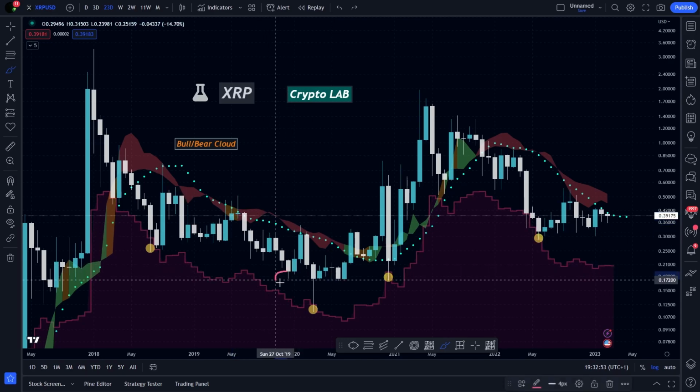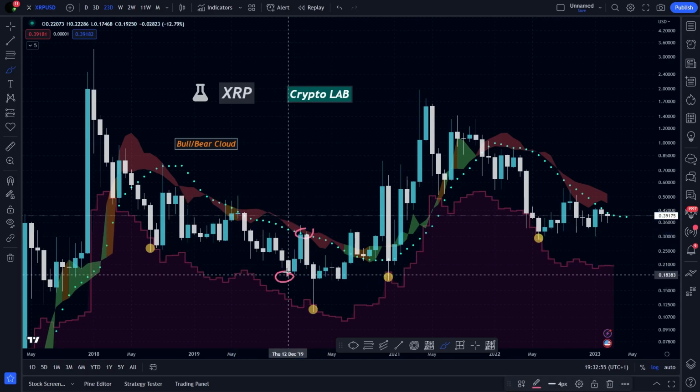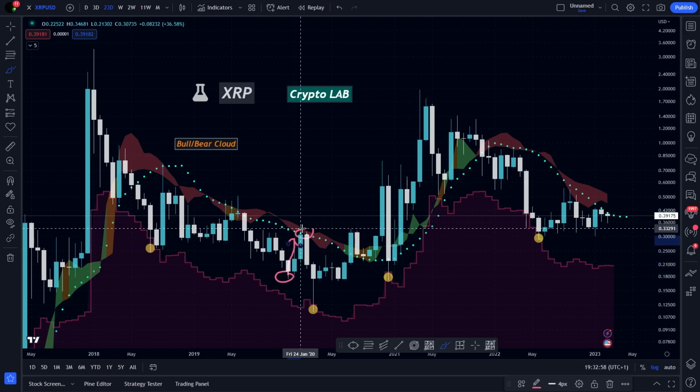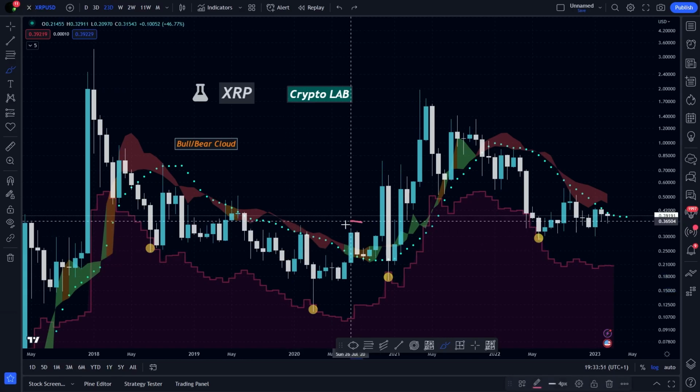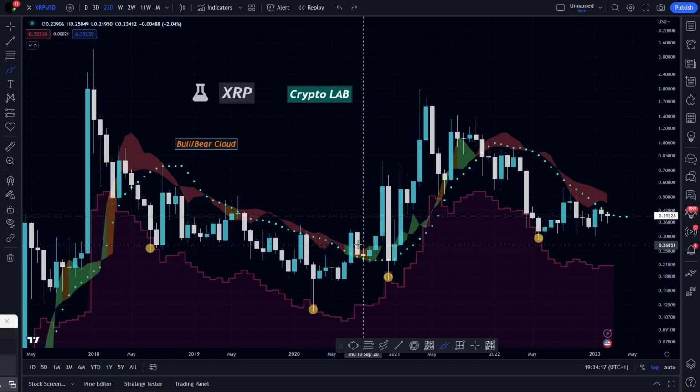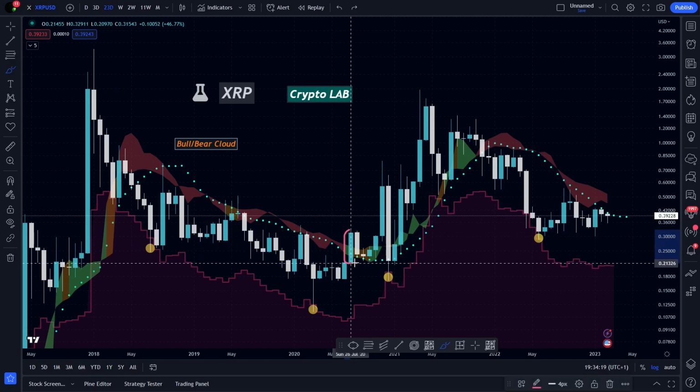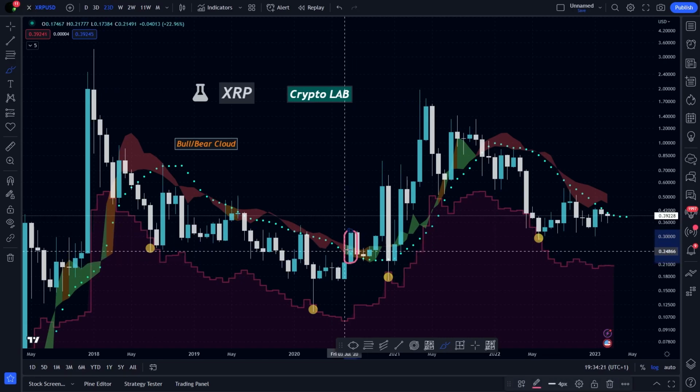Then here, from here to here, we had a huge move to the upside, but as soon as we hit the cloud, we got a strong rejection to the downside. And this led us to the bottom of the previous market cycle. Now this is where things get interesting. Here, with just one candle, we pierced the cloud and we closed above it.